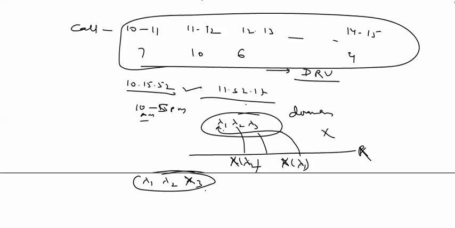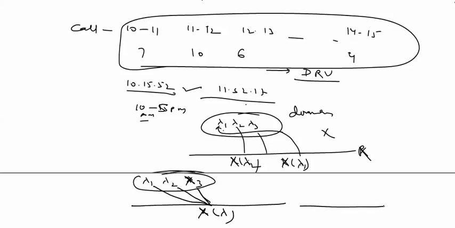We assign a value to lambda 3, lambda 2 and lambda 1. This is possible: we can assign a similar value to all the samples.